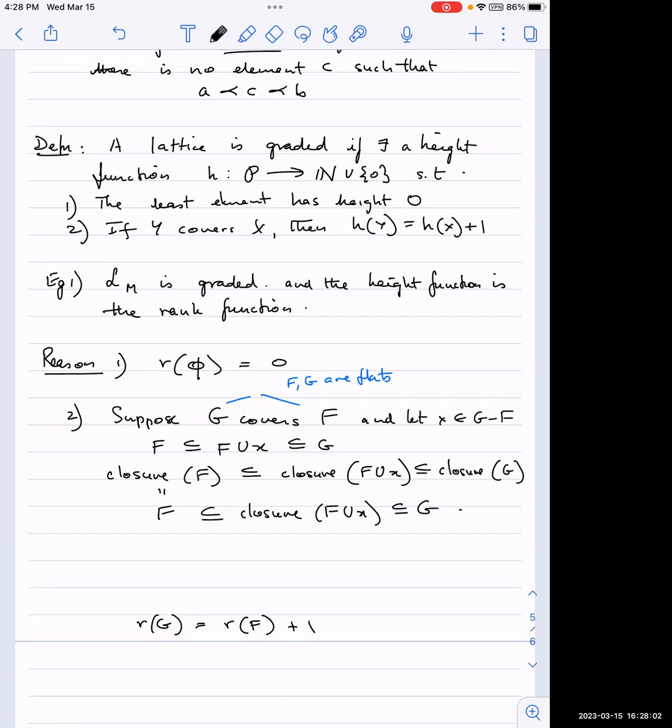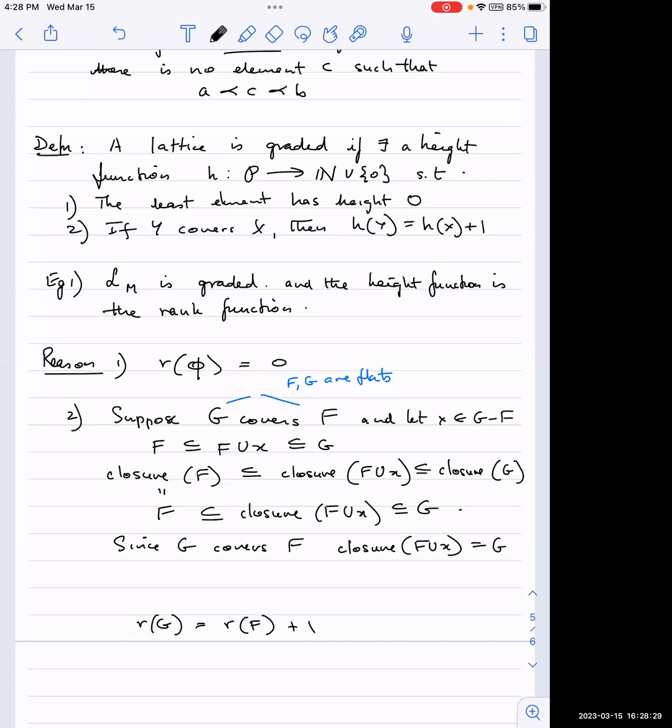So we have rank of G is equal to rank of the closure of F union X, since G covers F, closure of F union X is also G, right? That's my hypothesis.